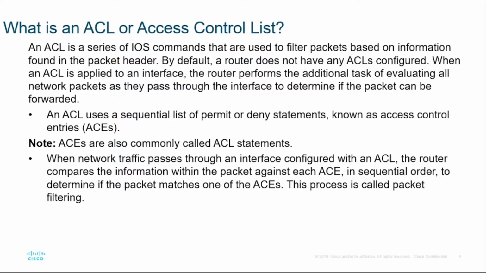So by default, the router does not have any ACLs configured. When an ACL is applied to an interface, the router performs the additional task of evaluating all the network packets as they pass through the interface to determine if the packet can be forwarded.